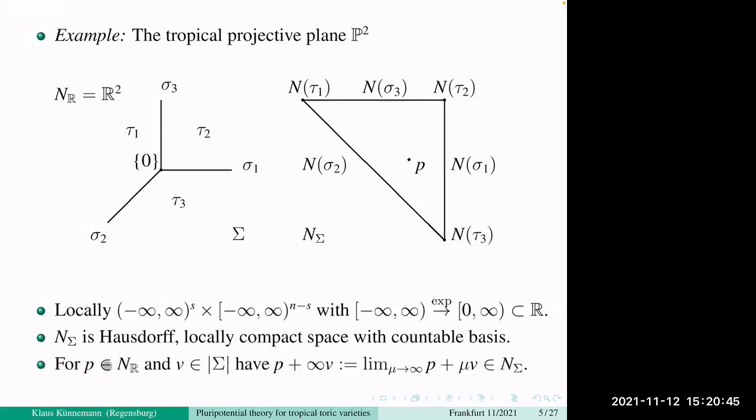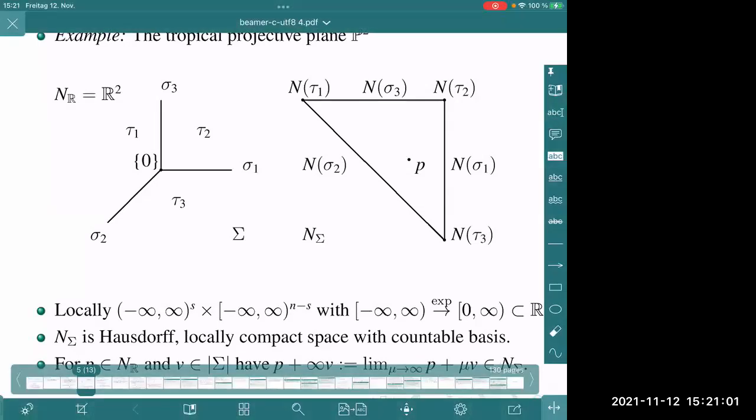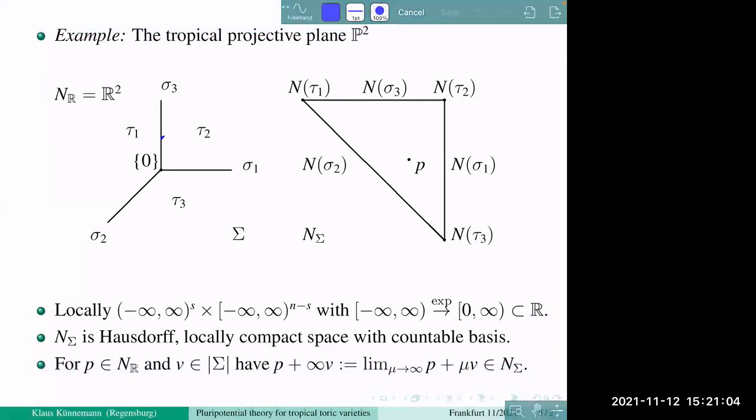This way, N_sigma becomes a Hausdorff locally compact space, which has a countable basis. If you fix a point, and fix some direction v in the fan, then you can form the point where you go to infinity in this direction. This is this limit here. For example, if you choose your v like this, and you go to infinity here, then you end up precisely here. If you choose your point in here, then you end up in here.